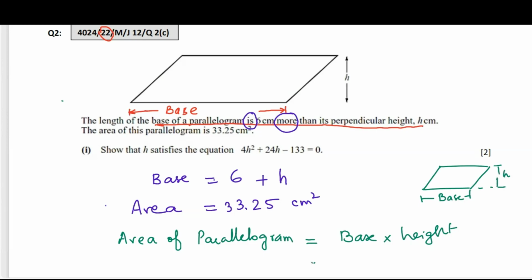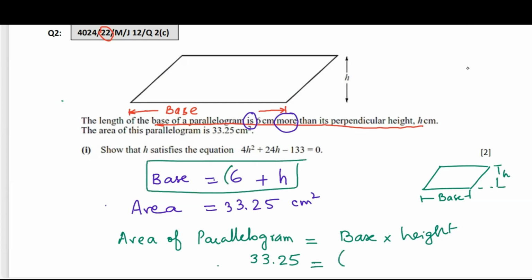So put the value in the correct place. The area of the parallelogram is 33.25. Base is 6 plus h. Use parenthesis please, 6 plus h times small h, height.